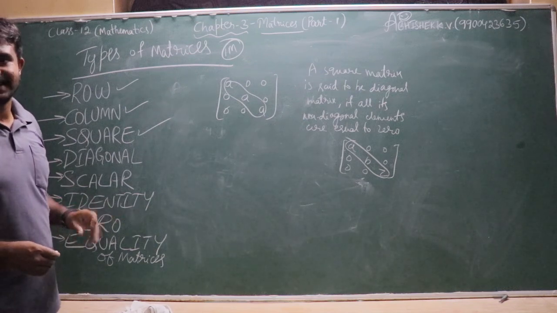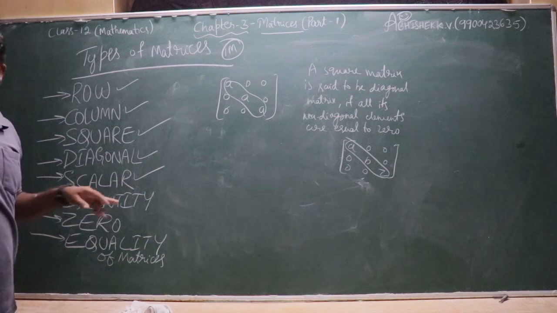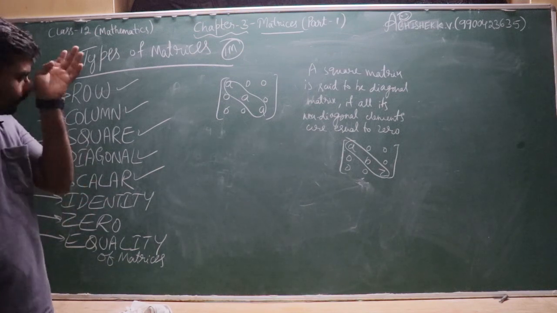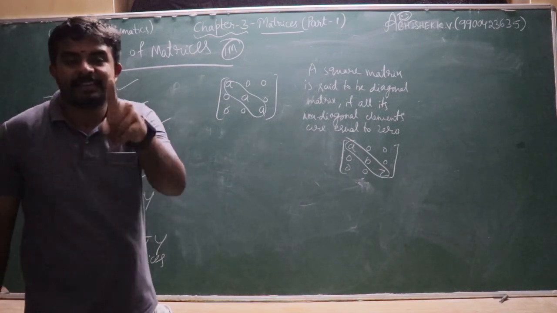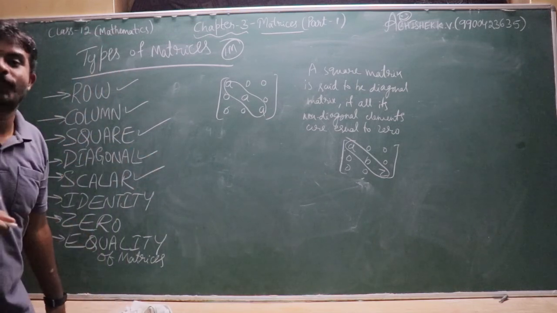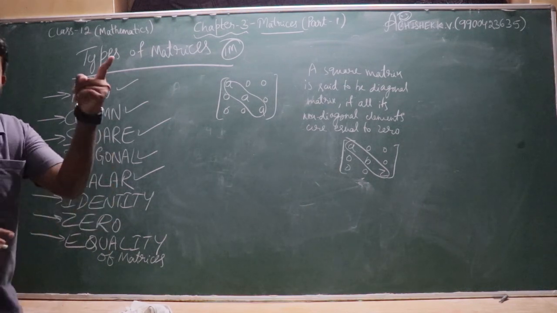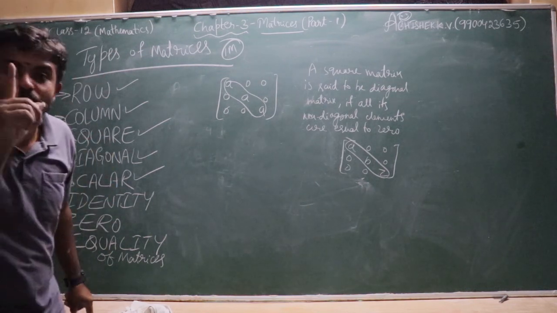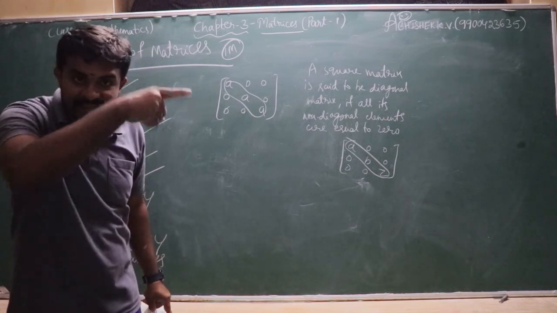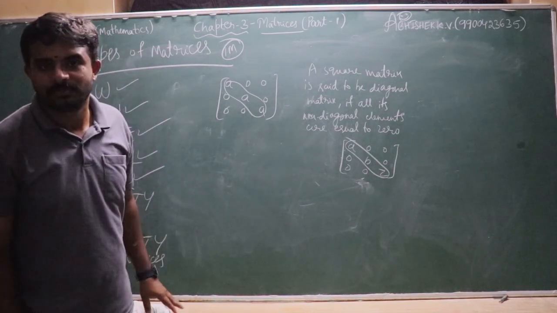Then I move on to the identity matrix. What is an identity matrix? A square matrix, with an equal number of rows and columns, is said to be an identity matrix if all its diagonal elements are equal to 1 and the rest of all elements are equal to 0.